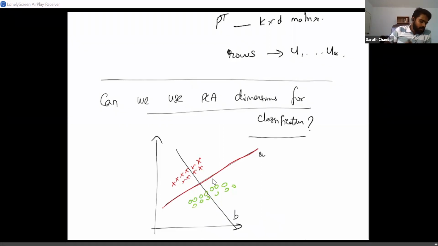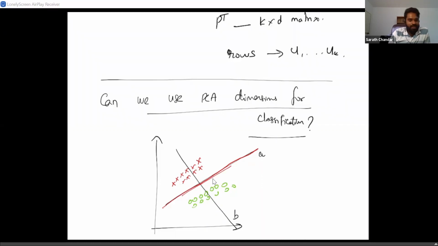So probably this length is more than this length. Let's go with A. Now this A is the first principal component.